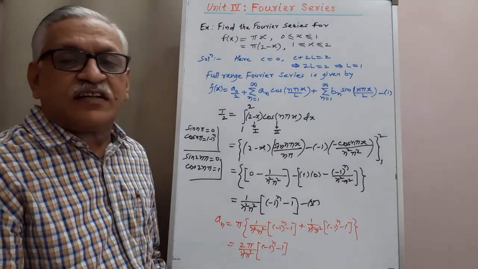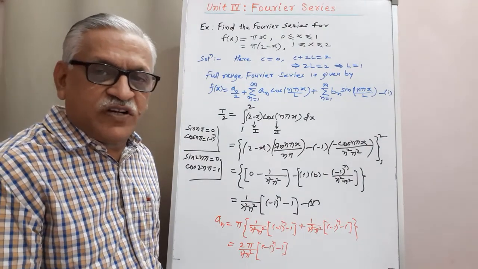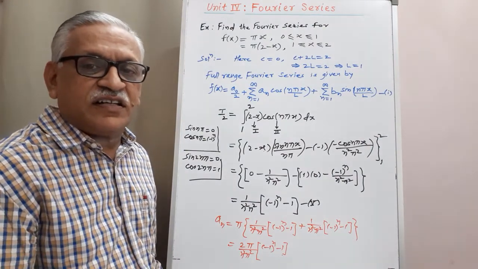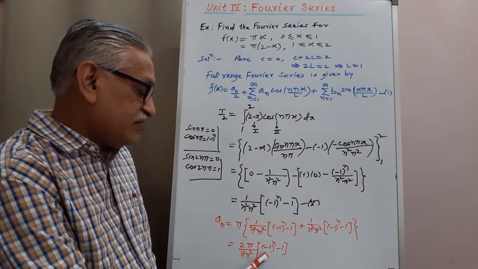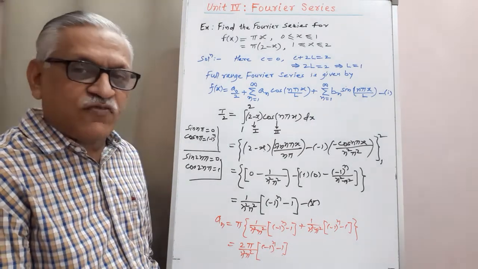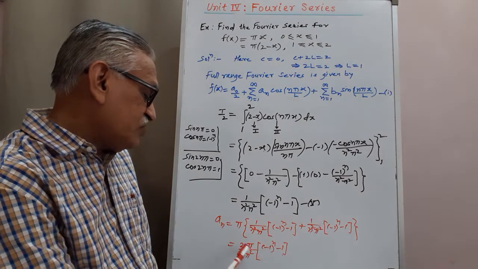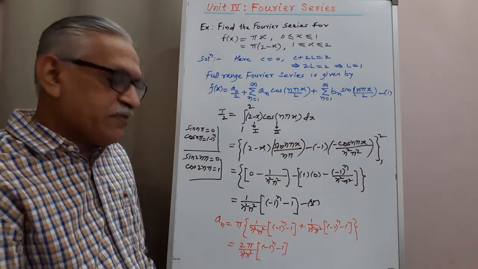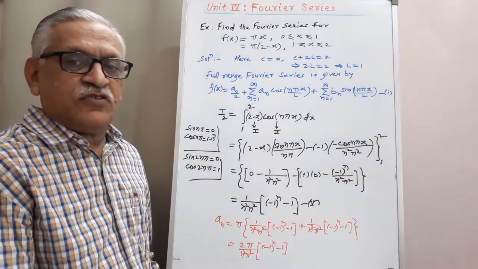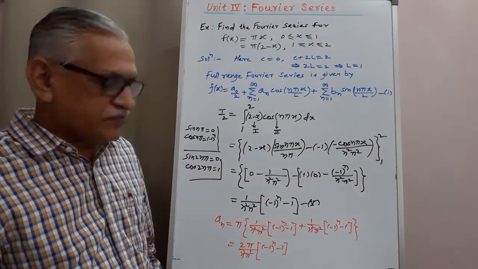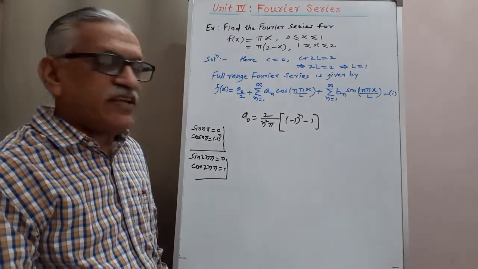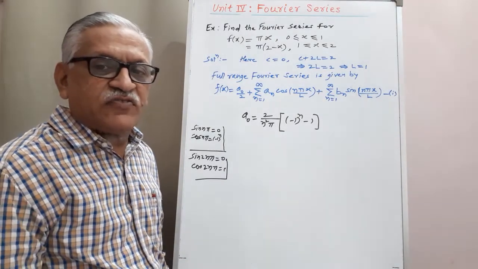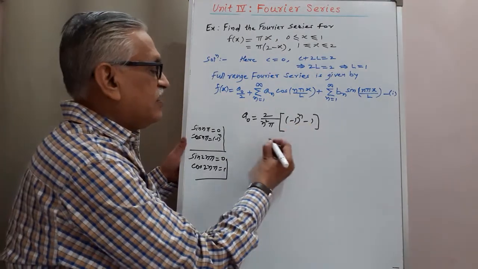As it contains that term minus 1 raised to n minus 1, there are two values. For even we get 0 and for odd we get minus 2 into this 2 pi divided by n square pi square. Therefore I will show that calculation separately. The value is 2 divided by n square pi multiplied by minus 1 raised to n minus 1.